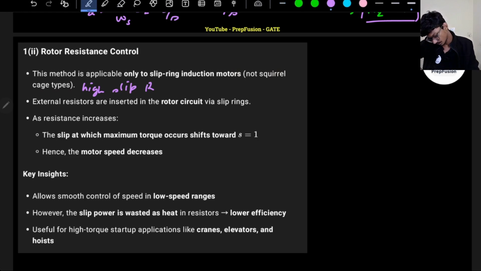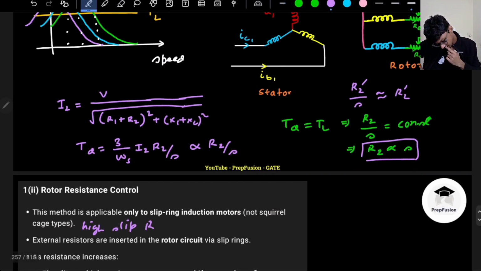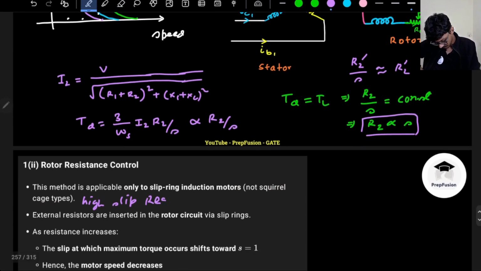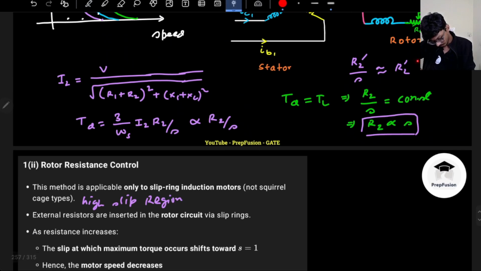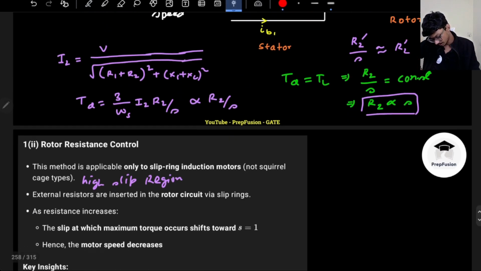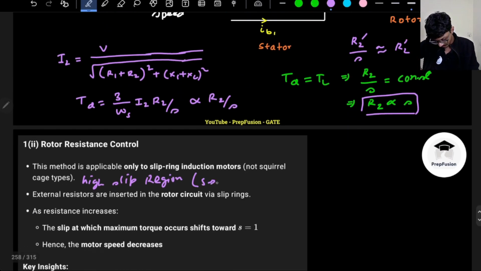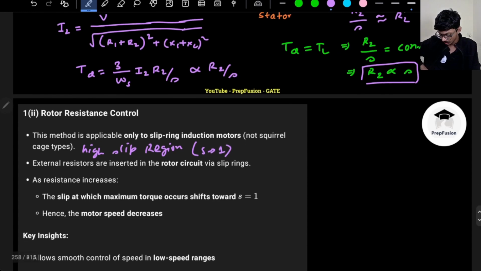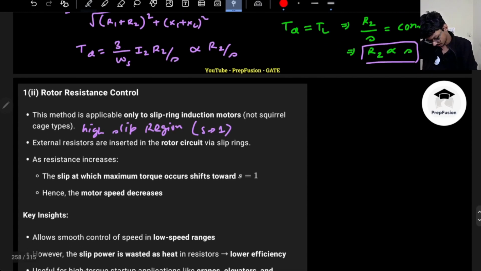Only in the high slip region, basically S very near to 1, can we do this approximation. Otherwise we will not be able to do that approximation.